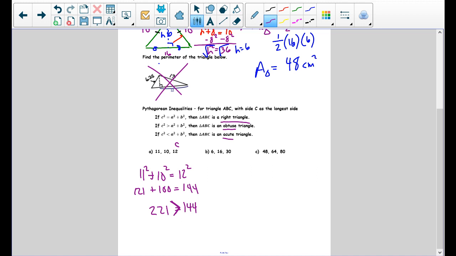A and B is bigger, right? C is smaller, so this is going to be an acute triangle. Okay? So my C squared is smaller, so it's acute. That's kind of what I would look at. C squared smaller, less than 90, is acute, right?